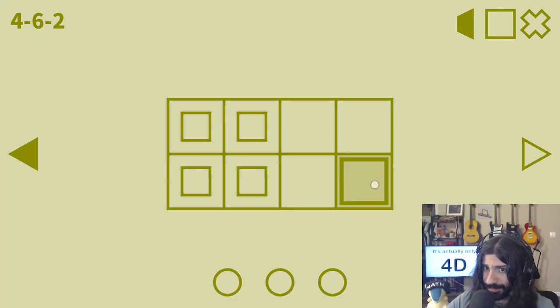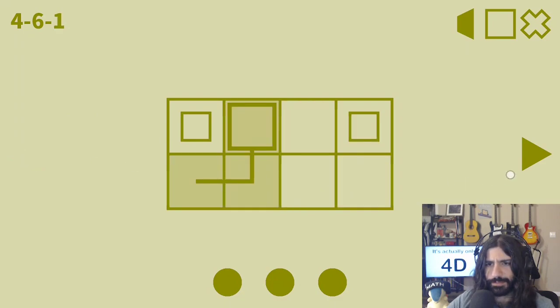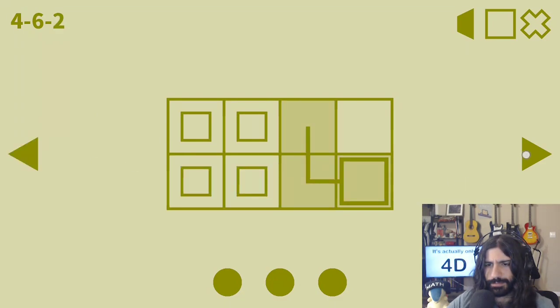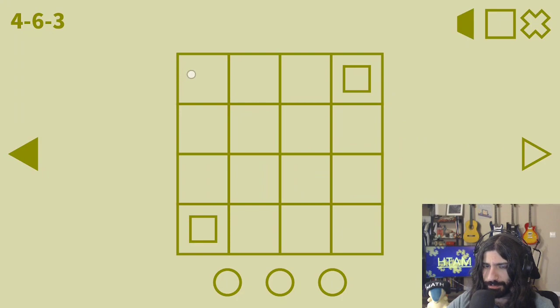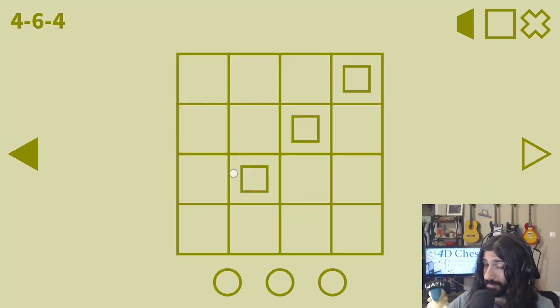Okay. We've got a size 1 square and a size 2 square. Maybe. And there can just be a bunch of squares in the same square.